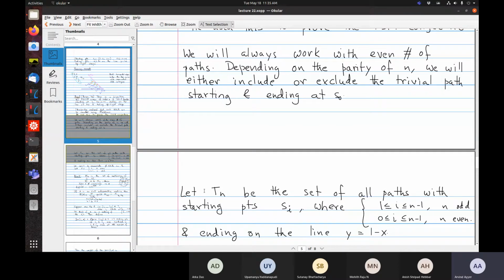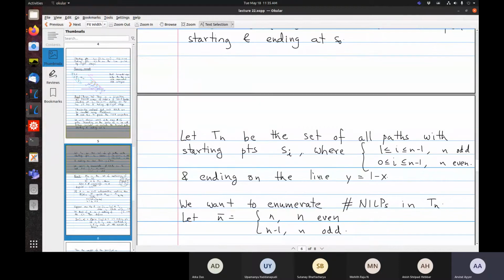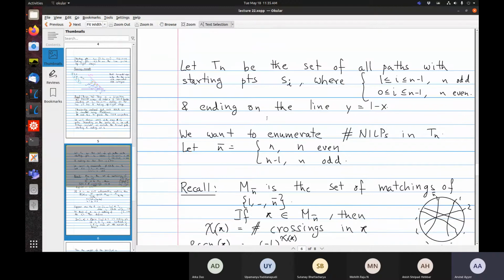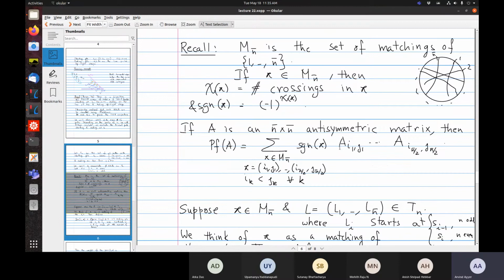And I remind you that Tn is the set of all paths, matching or intersecting or not, common end points or whatever. No restriction. All upright paths. And we let n bar be n if n is even and n minus 1 if n is odd, so that n bar is even. And it is precisely the number of starting points.